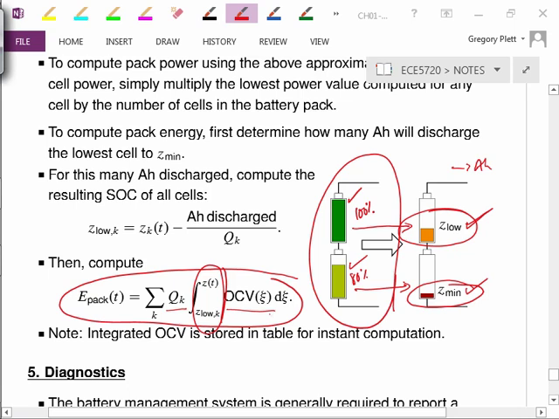So this again can be done with table lookup. In this case, it would require two lookups. I have to look up the OCV at z and the OCV at z-low, integrated, and then subtract the two. But that can be done. It can be multiplied by Q, and I've got a fairly efficient way of computing total pack energy.